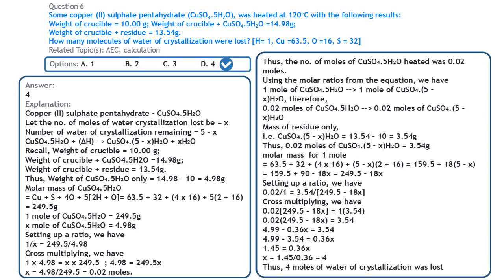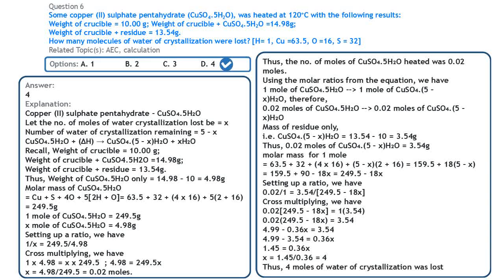So we have 14.98 grams minus 10, and that is 4.98 gram. So this is the weight of this substance here. Let me denote this substance as A, to avoid having to repeat the names. So let's say the weight of A only is going to be this 4.98 gram.